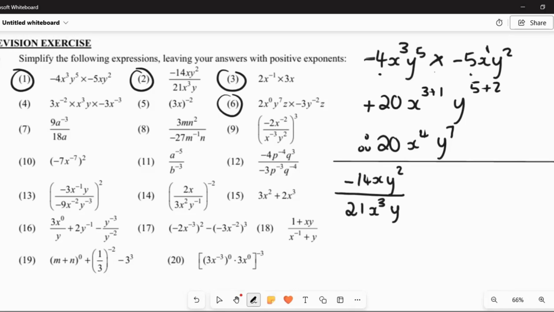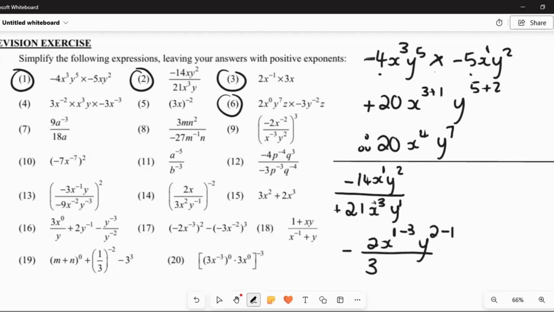So negative divided by positive is going to give us negative, and then 14 divided by 21 is going to give us 2 over 3, and then now we have all our exponents. For x, we don't have a number there, our exponent is 1, and this 3 is going to be taken up, and it changes the sign. If it was positive, it's now going to be negative. And then we also have a y, we have 2, here we had a 1, right? This 1 is going to change the sign, becomes negative.